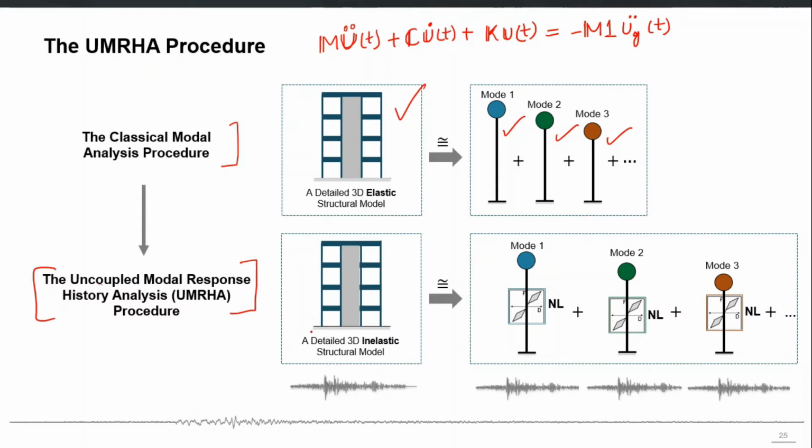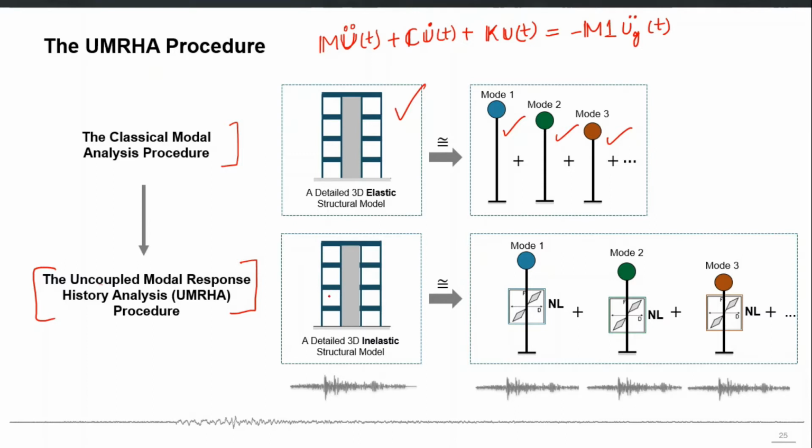We can approximately use the same mode shapes for a nonlinear system which are associated with the linear version of that system. And they not only exist in the nonlinear range, they can still be assumed uncoupled, just like the classical modal analysis.